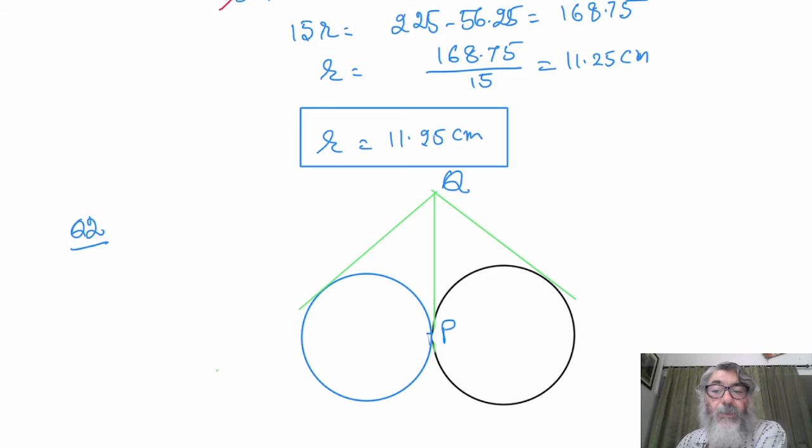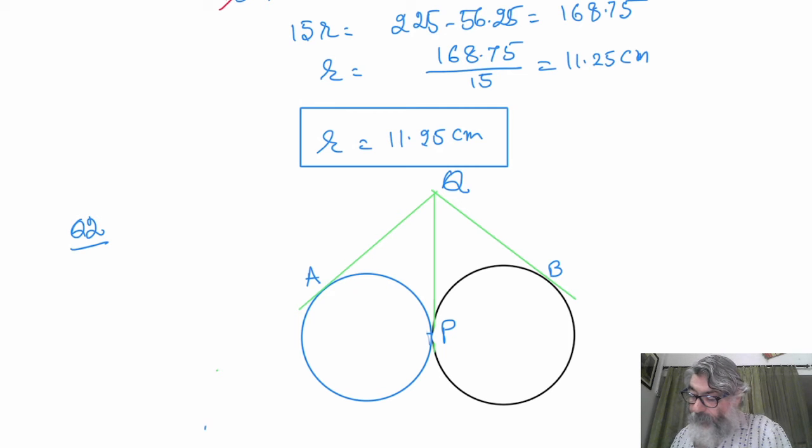QA and QB are tangents drawn to the other circles. What we have to prove is that QA and QB are equal.